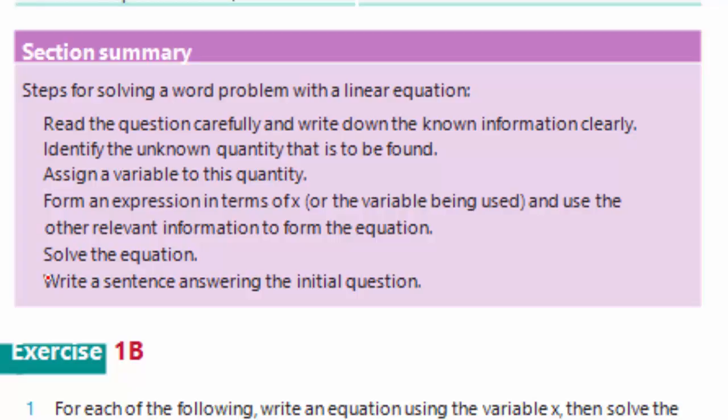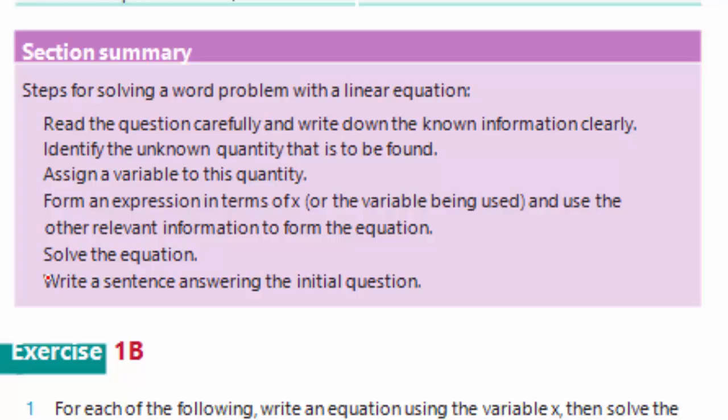Let's recap. So the steps for solving a word problem with a linear equation or linear equations. Read the question carefully and write down the known information clearly. Identify the unknown quantity that is to be found. Assign a variable to this quantity, whether you call it x or otherwise.